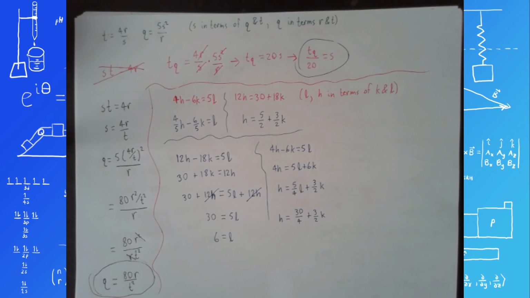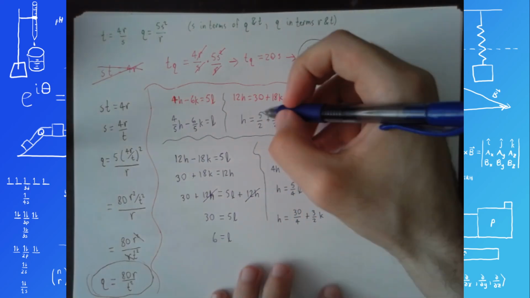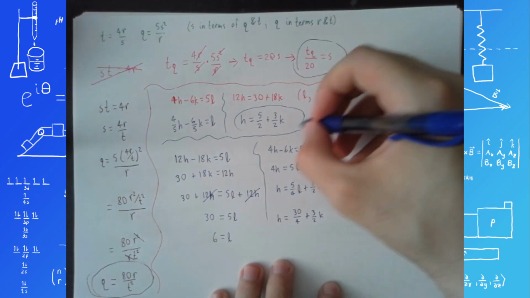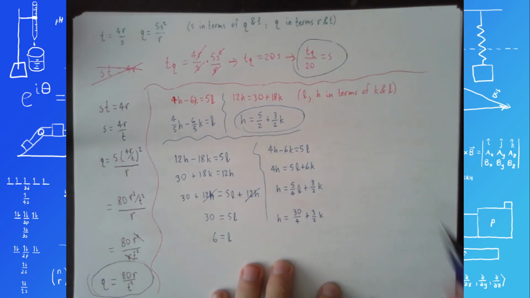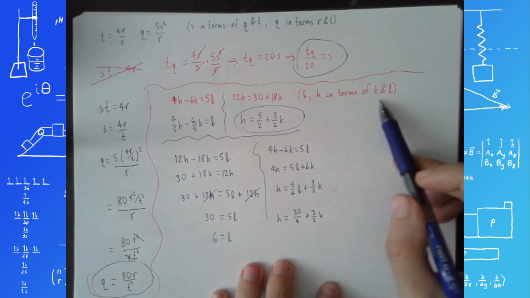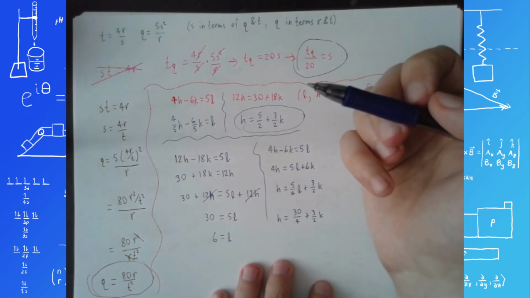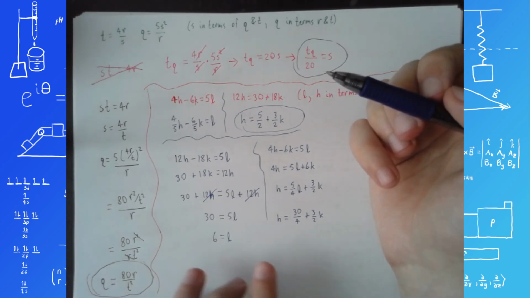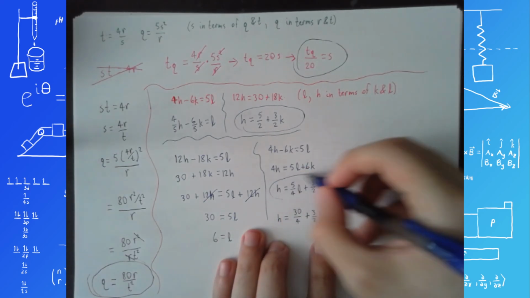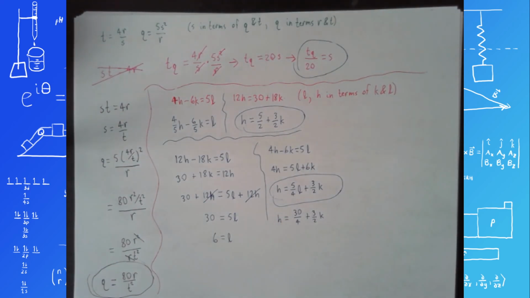I think I've shown enough from it. As long as you got something like this for solving for h in terms of k and L, that's good enough for me. Or if you did this, I would accept either of those, even though they're not actually equivalent to each other, it turns out.